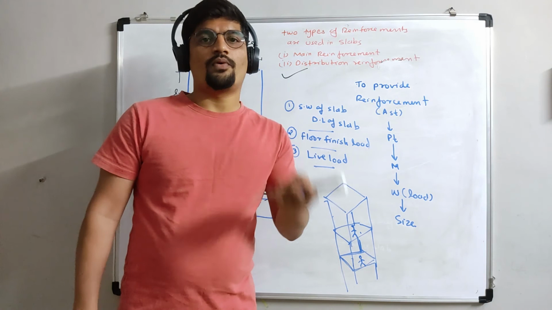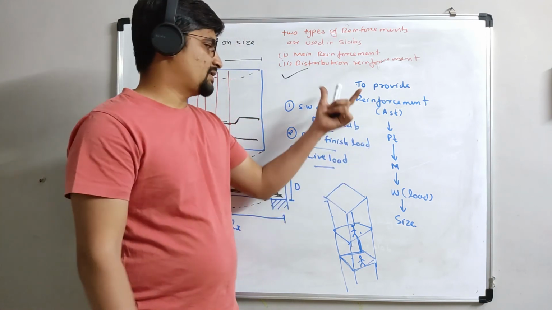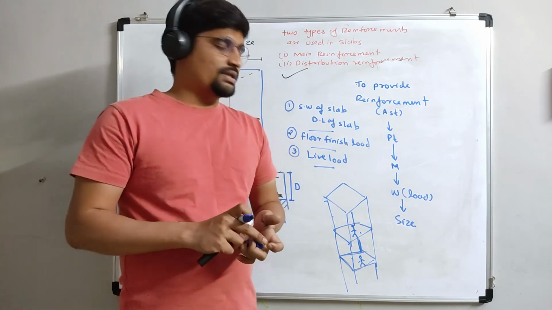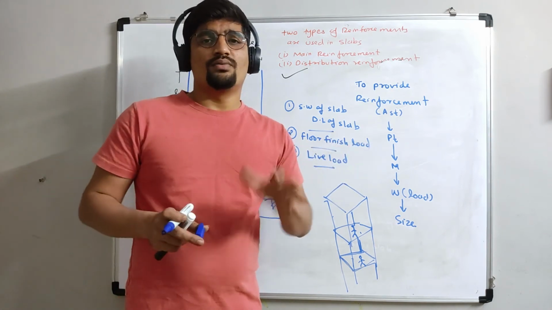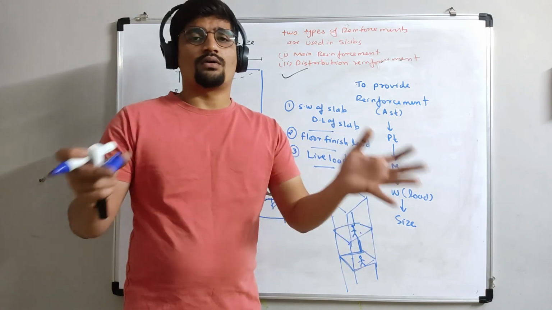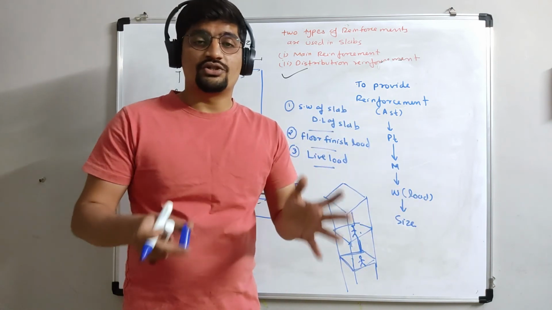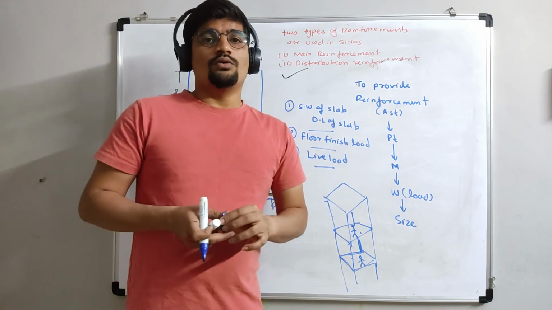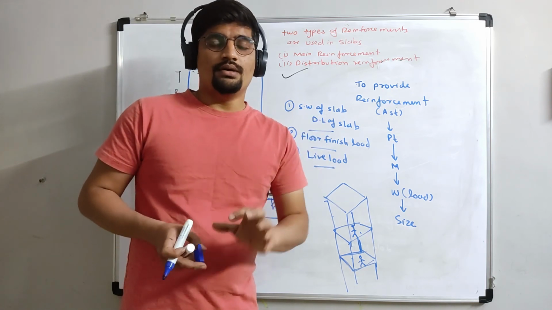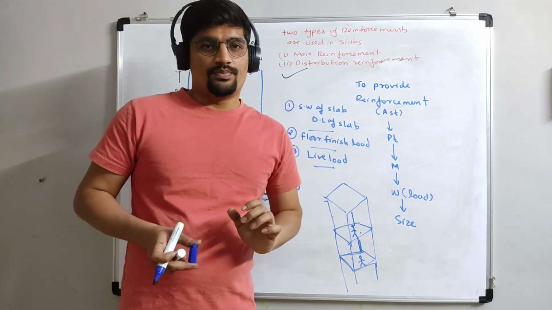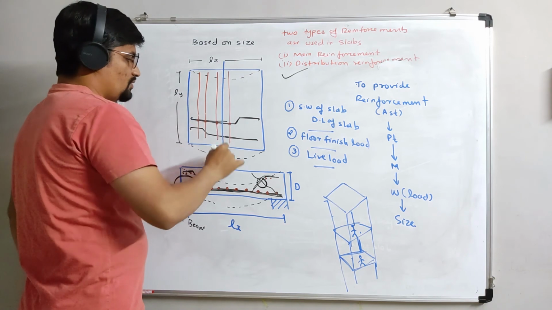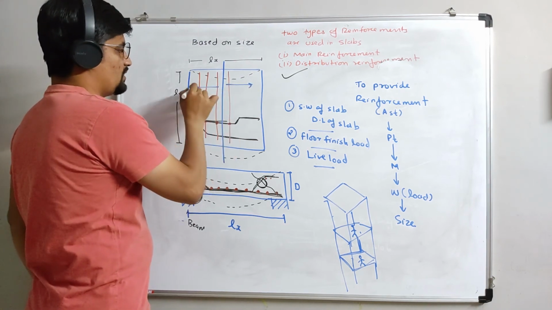At the time of explaining the steps for calculating the slab, I will explain each step in detail. Now I am informing you from the overview side what a slab is, which types of loads occur, and how the loads are distributed on the slab. The distribution of load depends on the type of slab. If it is a one-way slab, then the load will be distributed equally on this side and this side.